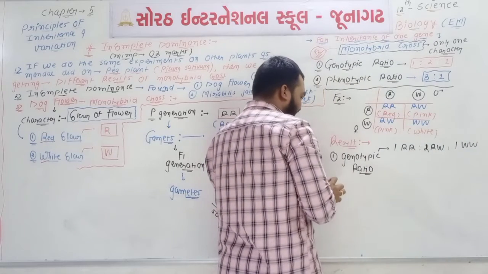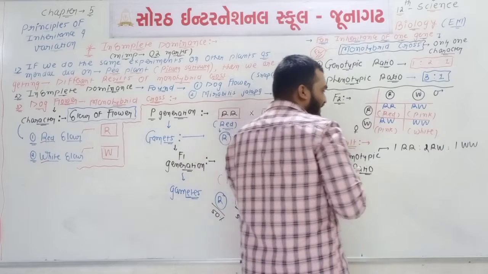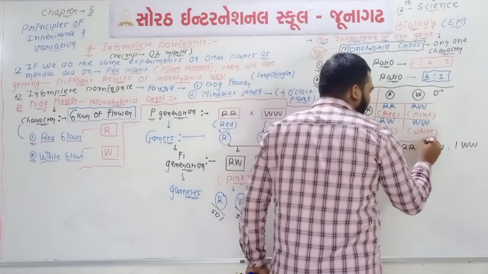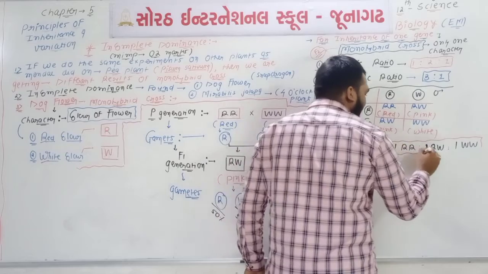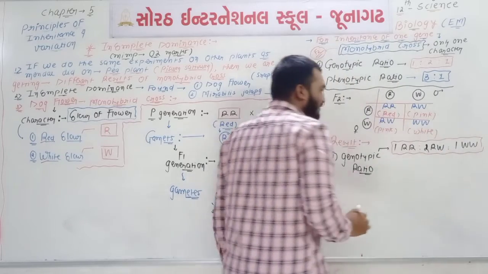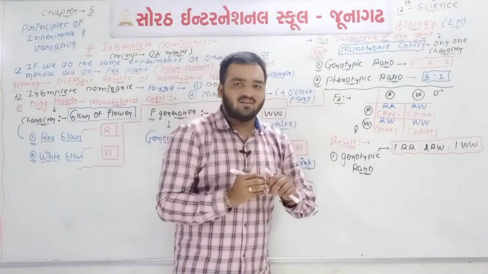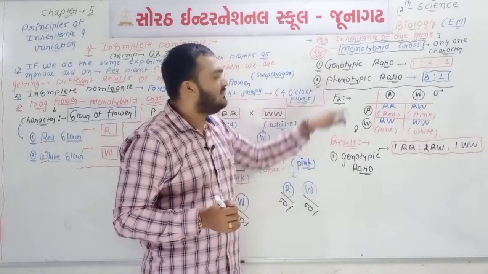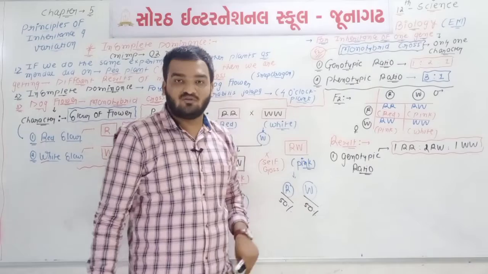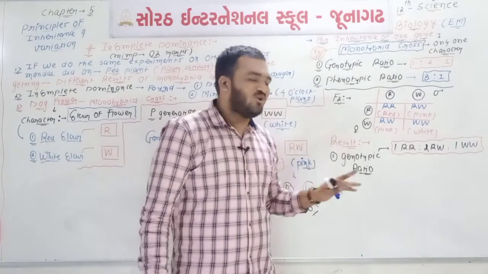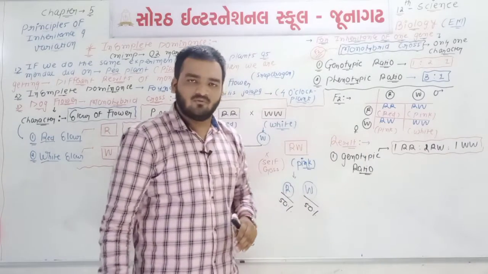So the genotypic ratio is 1 is to 2 is to 1. Okay, so we can say that the genotypic ratio of both will be same. According to Mendel's monohybrid cross, it is 1 is to 2 is to 1. According to incomplete dominance, it is 1 is to 2 is to 1.